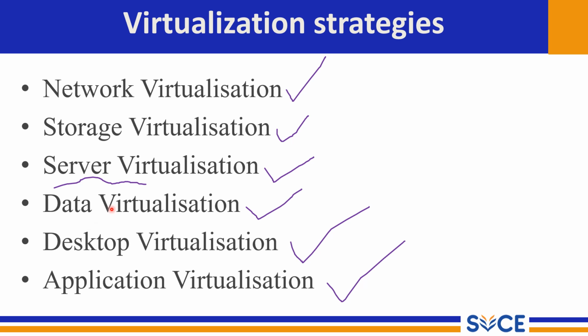This technique consists of collecting, transforming, federating, and delivering the processed data to the front-end resources. The main aim of data virtualization is to provide a single point of access to the information collected from various data sources. So this is about data virtualization.